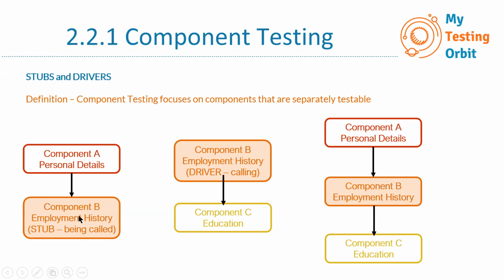Over here, component B is being called by component A. And in this case, component B is calling component C. So the idea of having a mock object is the same.